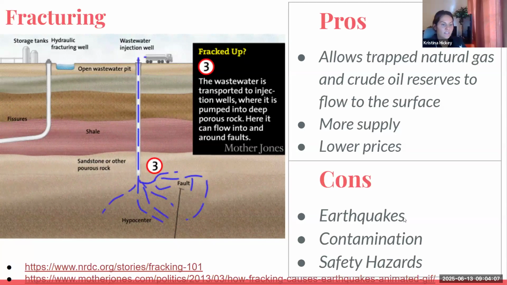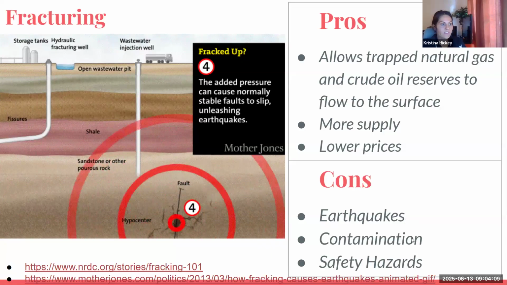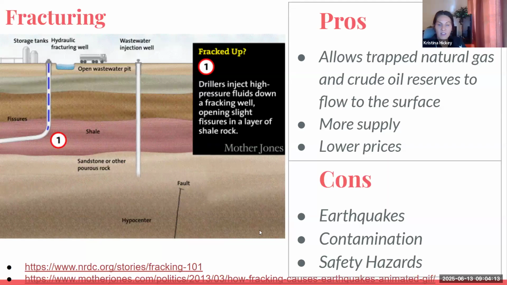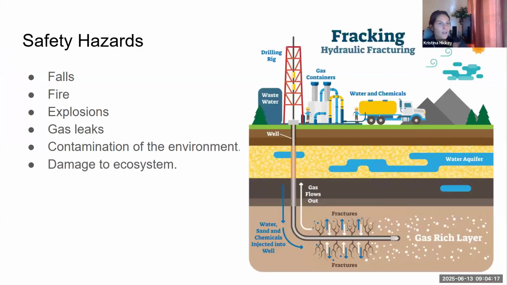However, the cons could be really bad. There could be earthquakes. You could have contamination. You could have a lot of safety hazards. So there's a lot of controversy with fracking. Some of the safety hazards, part of it is waste. There's a whole bunch of processes that I never knew about petroleum prior to this lab.